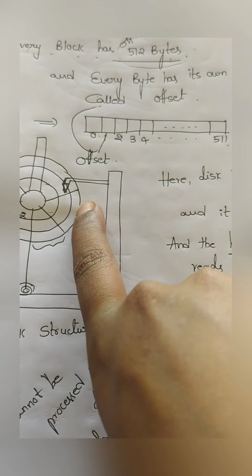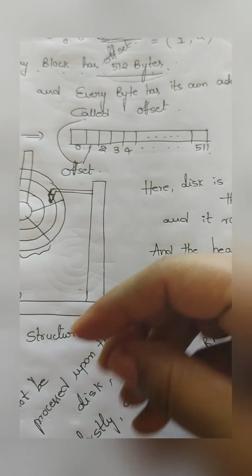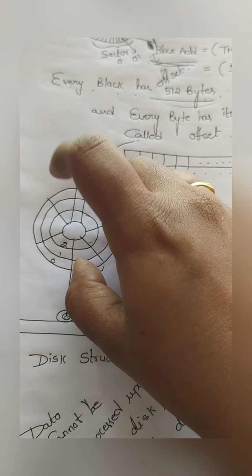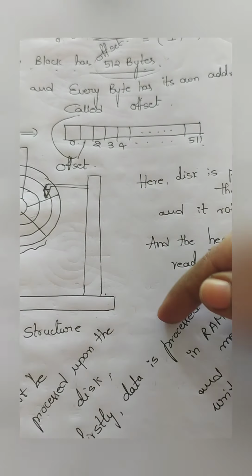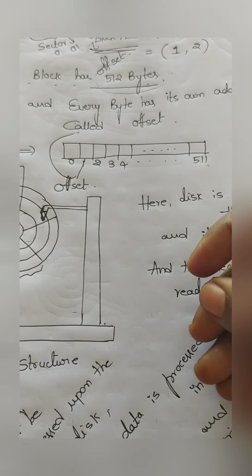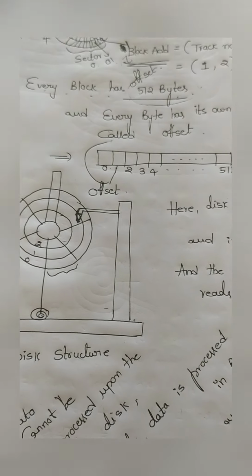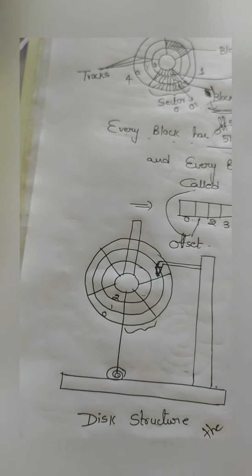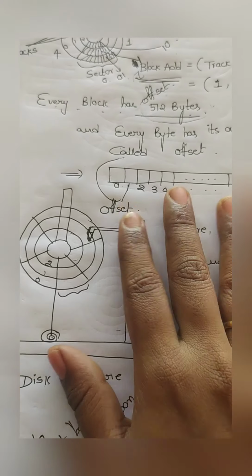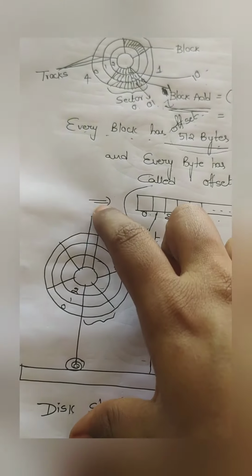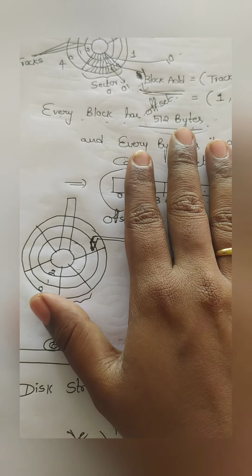Then it is written to the hard disk. Whenever we want to access data present in the disk, it is accessed from the disk into random access memory, and then we can access it. This is a tertiary device. So accessing the data from the disk to main memory and then accessing it is a very large process.